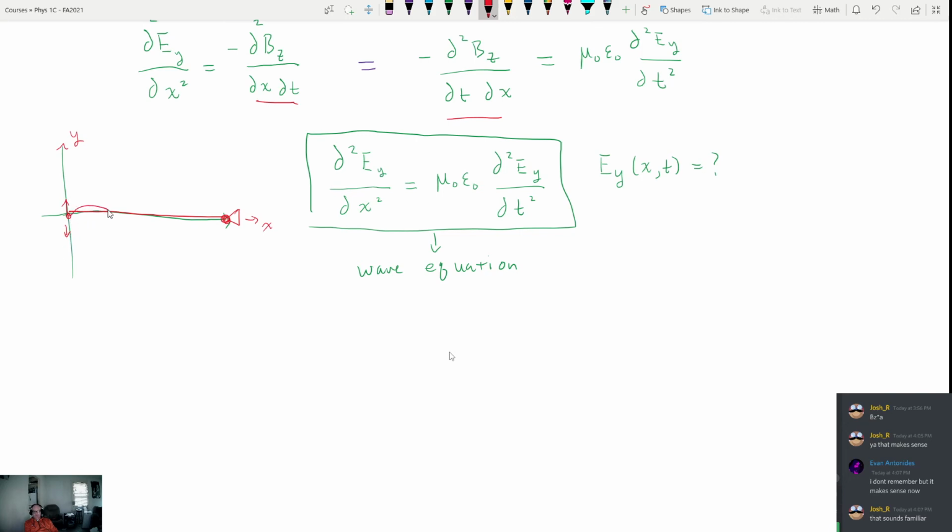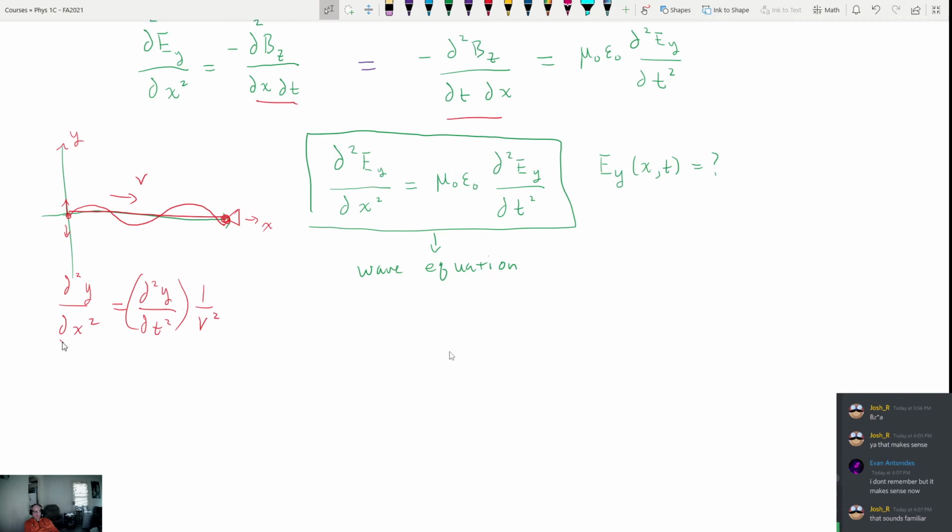What will happen is that a wave will form on the string, and it will basically start to vibrate up and down, right? With the speed moving in this direction here. And what we learned in Physics 1b is that there's a connection between the motion in this direction, where we can say that if we take the second partial of y with respect to x, this is equal to the second partial of y with respect to t, but this whole thing has to be multiplied by 1 over v squared.